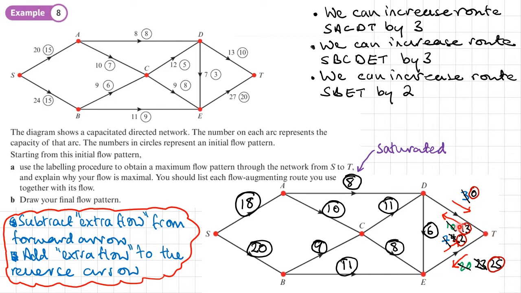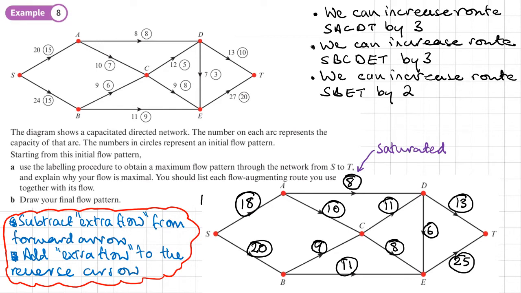You can see it there, so we can take all of that out and put 13. And then last one down here, the reverse arrow is 25, so this flow is now 25. That's its new flow. So this is the answer to part B.